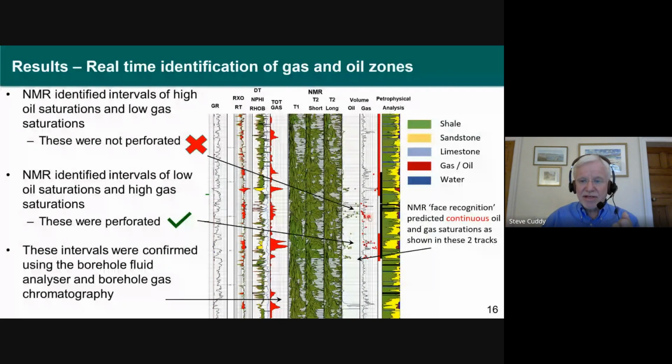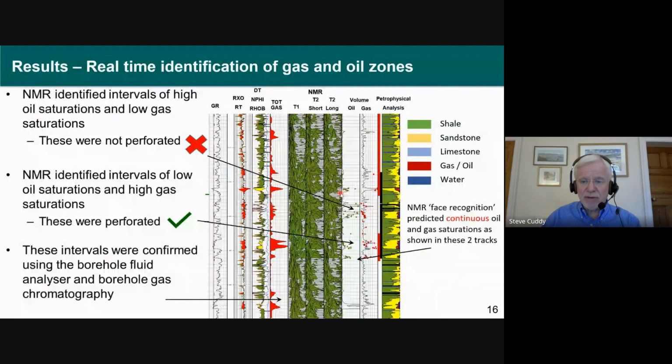And this is an interval that the client wants to avoid perforating. Whereas deeper down, we've got high gas saturations and low oil saturation. So this is the interval we want to perforate. So then NMR identified these intervals in red to be perforated and the ones in white to be avoided.